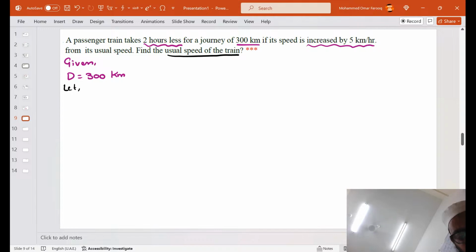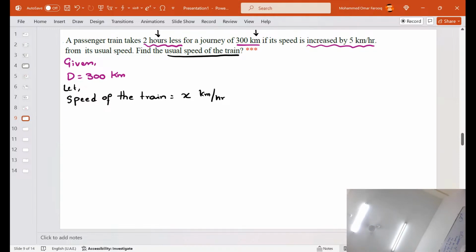So let the usual speed of the train be x kilometers per hour. Why did I take it in hours? Because he has given time in hours and the distance in kilometers. So what is the condition given over here?